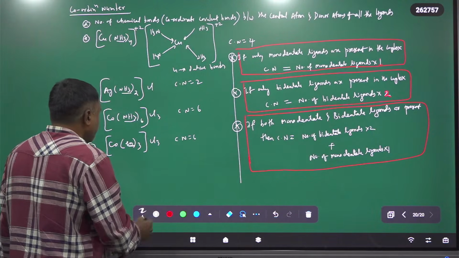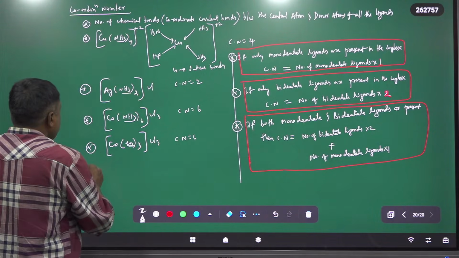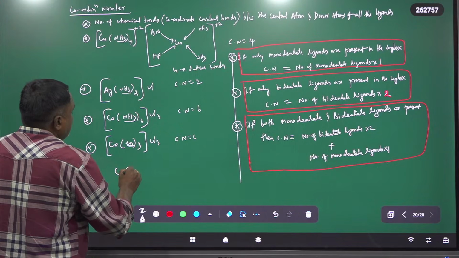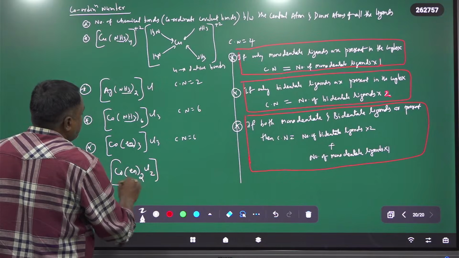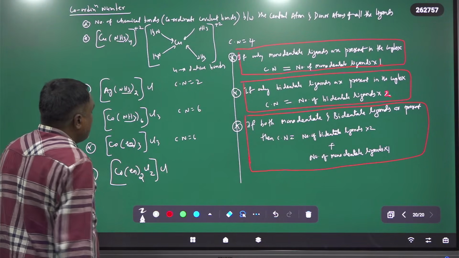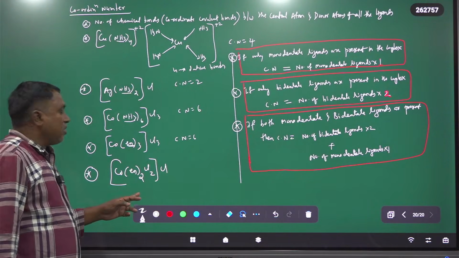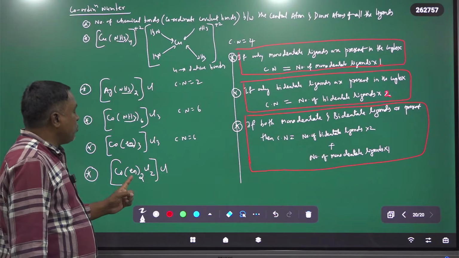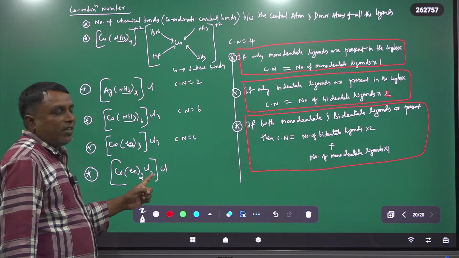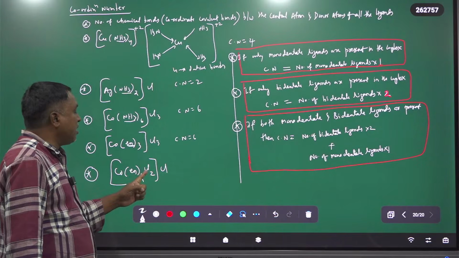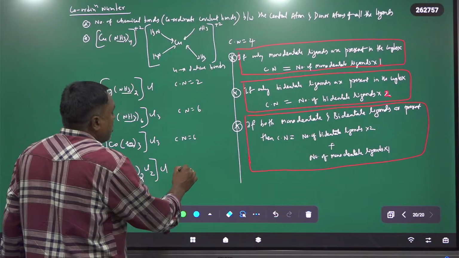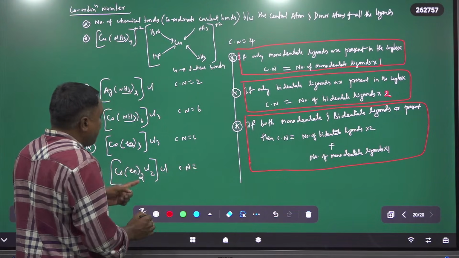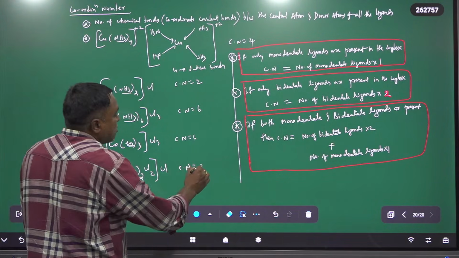Suppose [Co(en)2Cl2]Cl. This is the complex compound. This complex compound has both bidentate ligand and monodentate ligand. So en is a bidentate ligand, Cl is a monodentate ligand. So for this, coordination number is equal to what? How many bidentate ligands are there? 2 bidentate ligands.